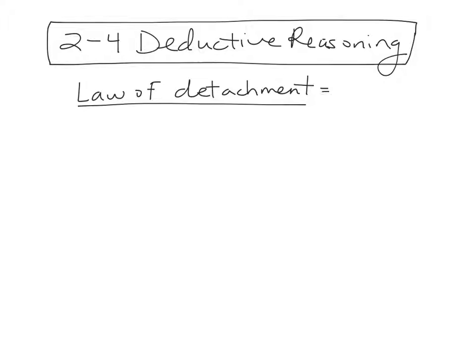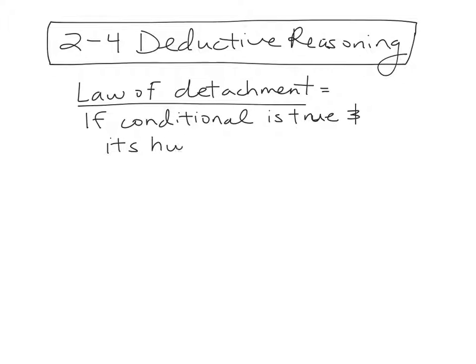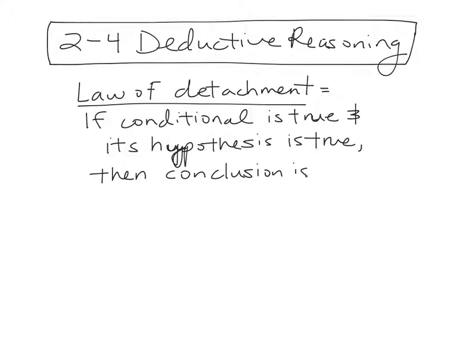So the law of detachment says this: if a conditional is true and its hypothesis is true, then we can conclude the conclusion is true.